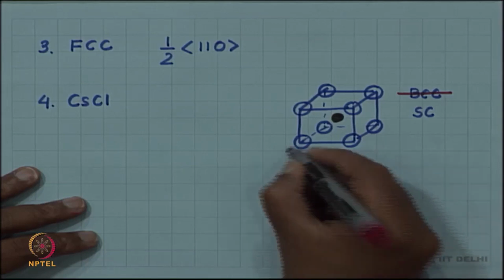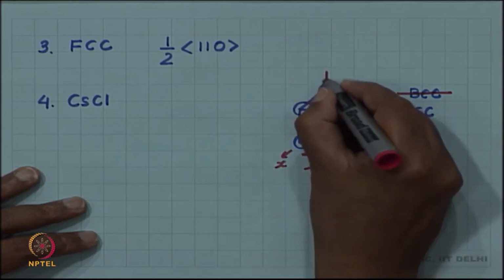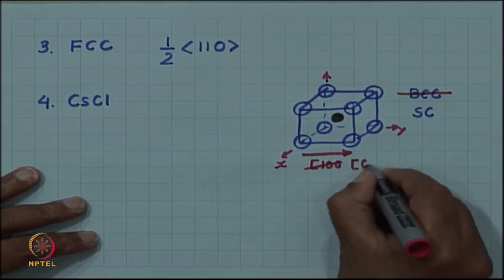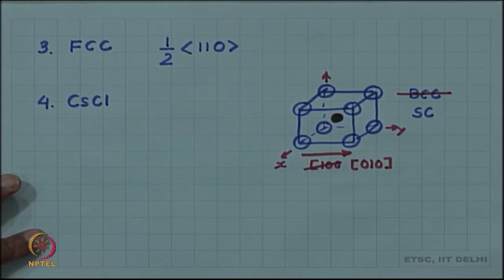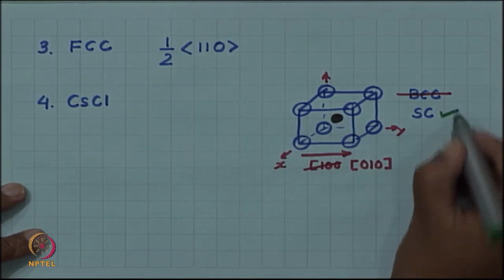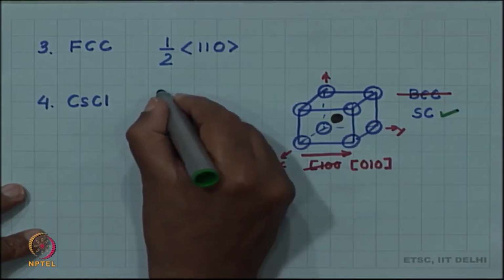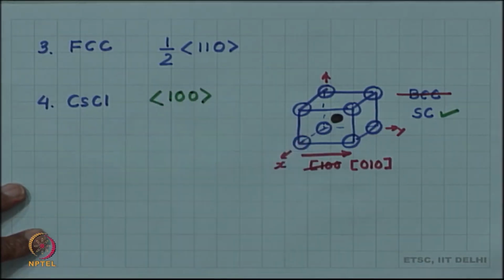Sorry, I am taking x this way. This will be 0 1 0. So, just like for a simple cubic we had seen, for cesium chloride also it will be 1 0 0.